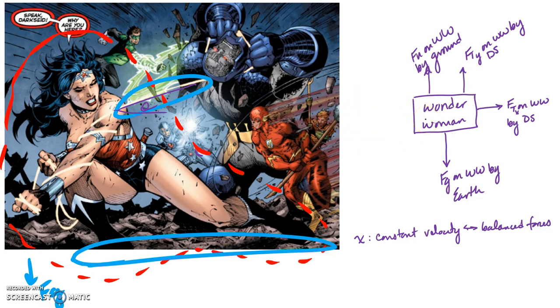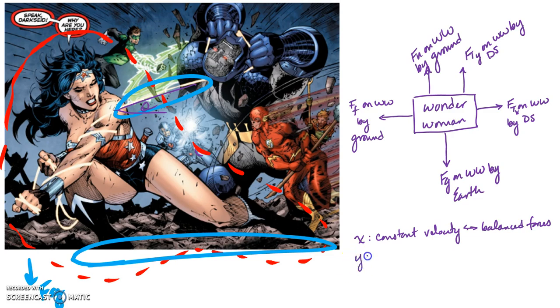What could that be? Well, if she's being pulled that way, but she's not going anywhere, there's probably going to be some force resisting that. I'm thinking friction. And I would be right. So we have a force of friction on Wonder Woman by the ground. Because of that friction, she'd not be sliding towards him. And again, I'm making the assumption that we have constant velocity or she's at rest.